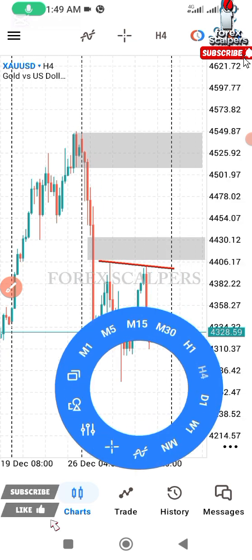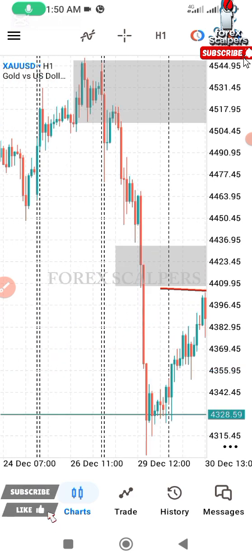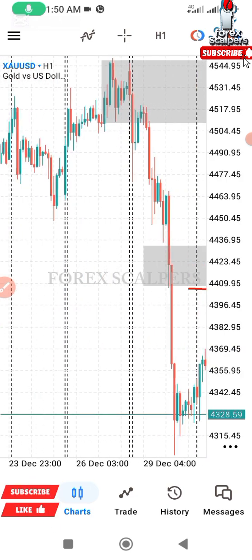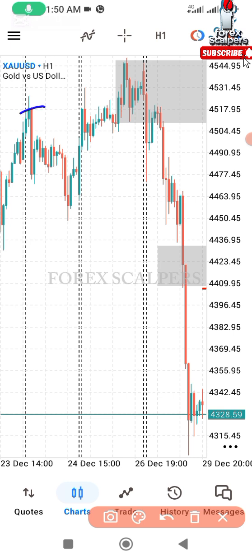As you can see, let's move down to our 1-hour time frame. Beautifully well, you can see that on our 1-hour time frame we have a confirmed break of structure. This is our higher low, higher high, higher low, and then you see a higher high.